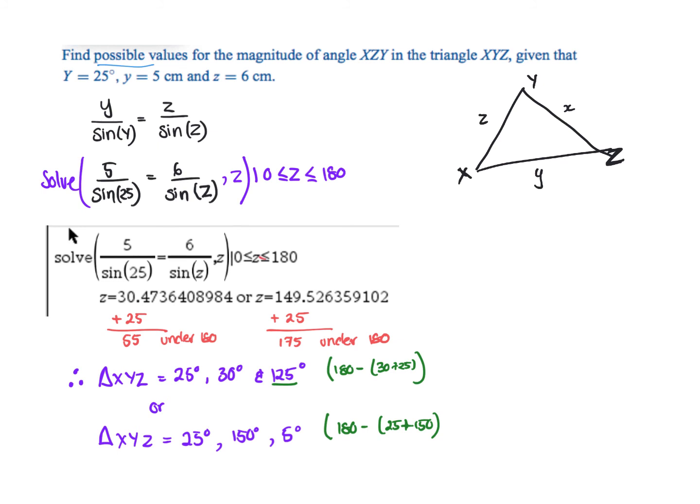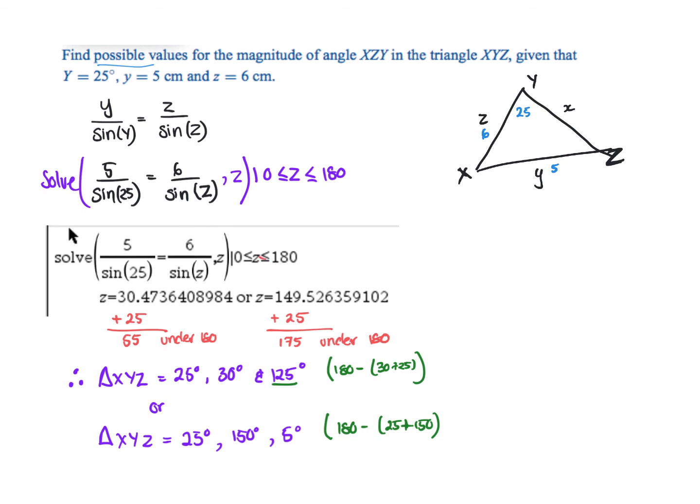We got given y was 5. We got given that angle was 25. We got given that was 5. And we got given little z was 6. So I've gone out to find z, because it says find the possible magnitudes of the angle XZY.